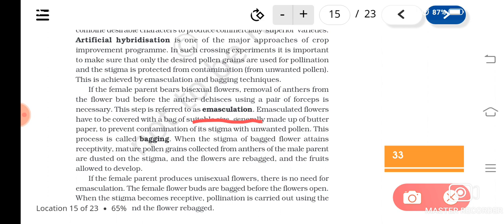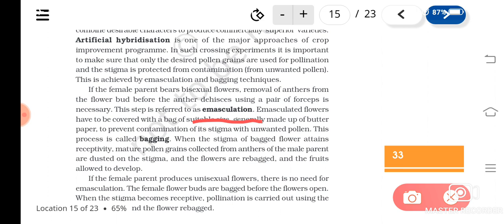And when the flower gets matured, when it has receptivity, we should dust the pollen grains from the desired plant. Then again it should be rebagged. Understood? Then we can collect the seeds for sowing.